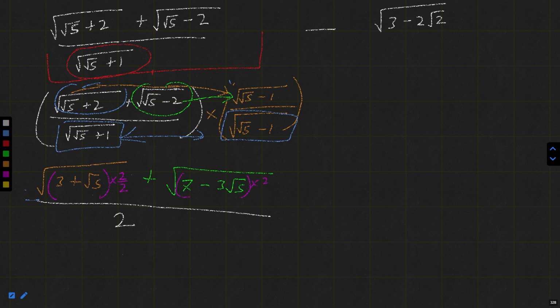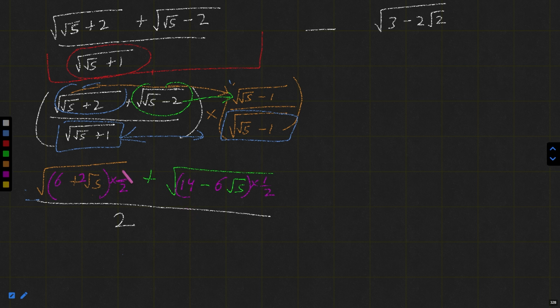So multiply with 2 by 2. What does it give me? The numerator 2 gets multiplied with 3, which gives me 6, and here is 2, and the 2 gets multiplied with 7, which gives me 14, and here it gives me 6.